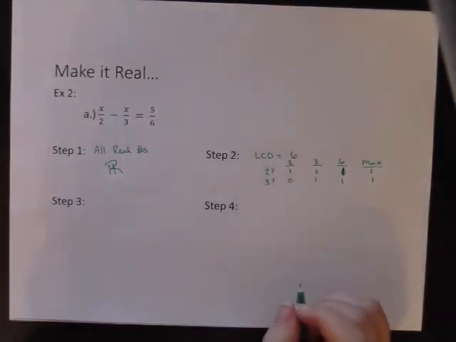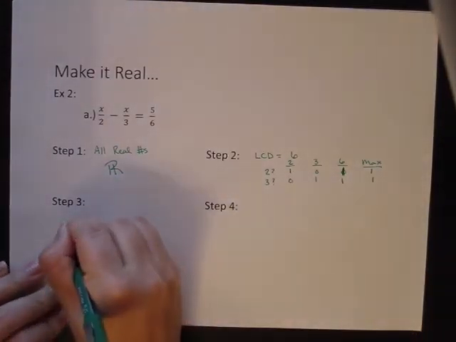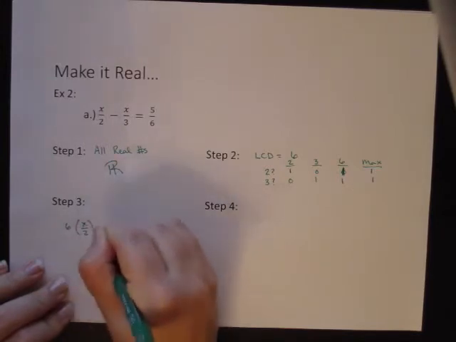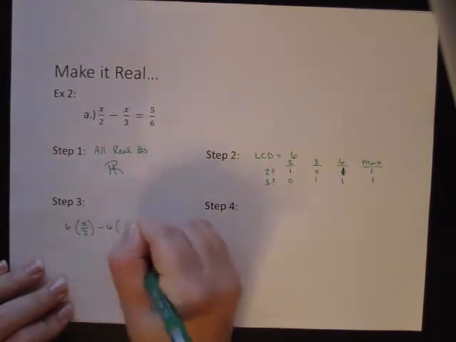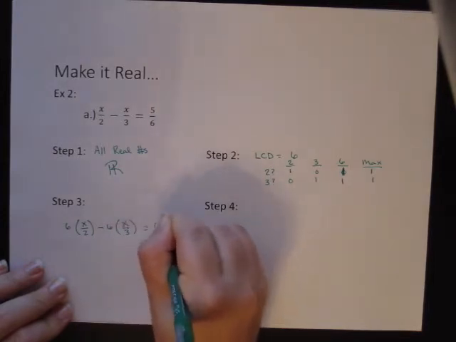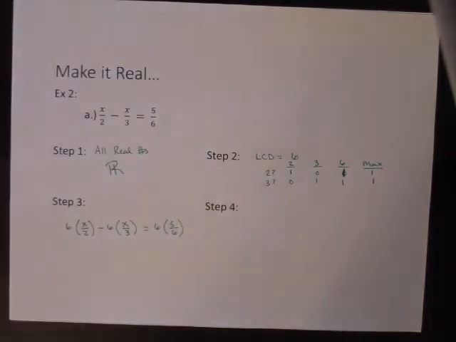Alright, step 3 is you have to multiply each rational expression by the LCD. So you have to go 6 times my first term, which is x over 2, minus 6 times x over 3, equals 6 times 5 over 6. This is going to definitely take time, which is a-okay. Now we've got to clean this up.